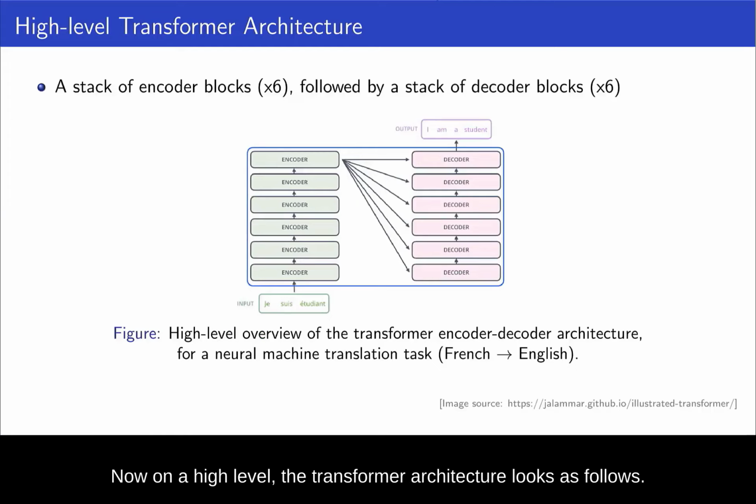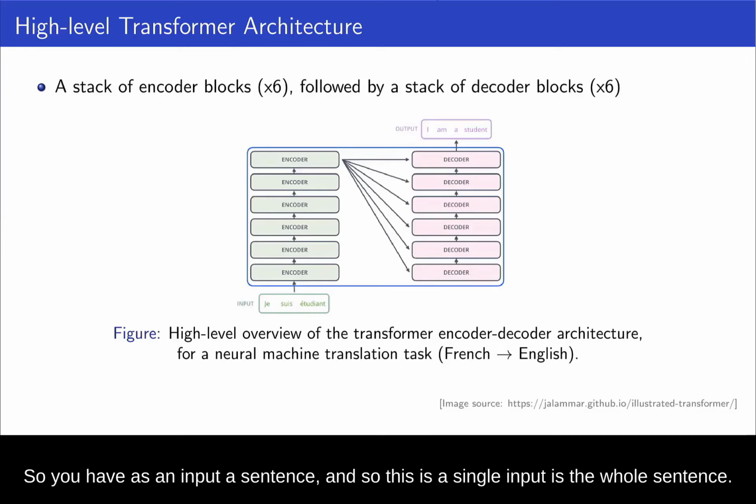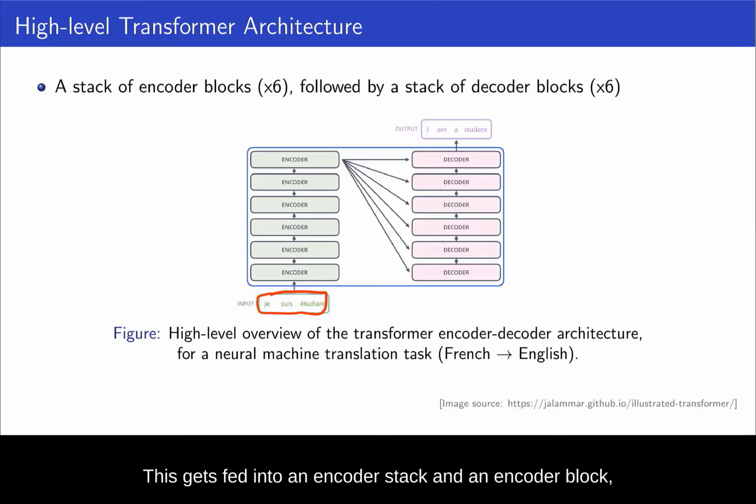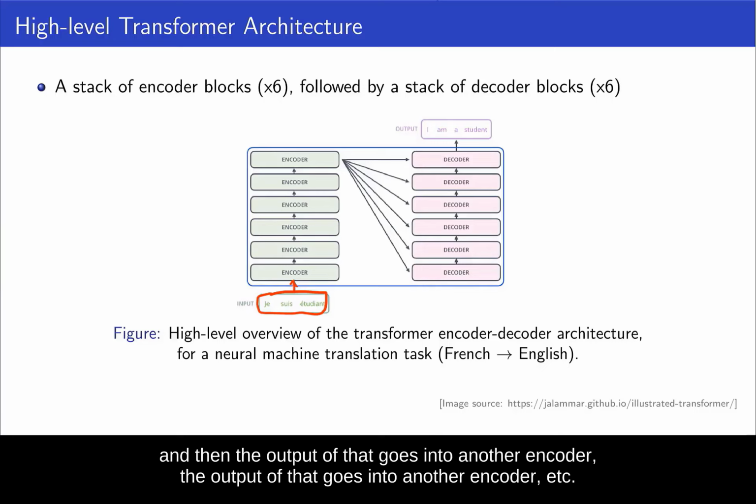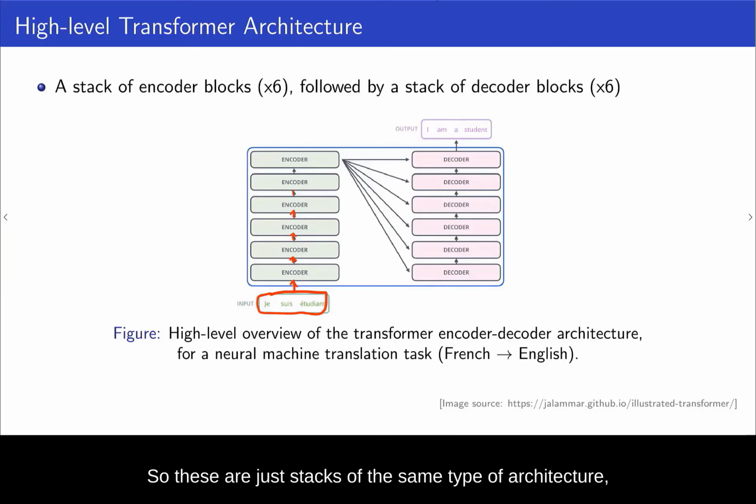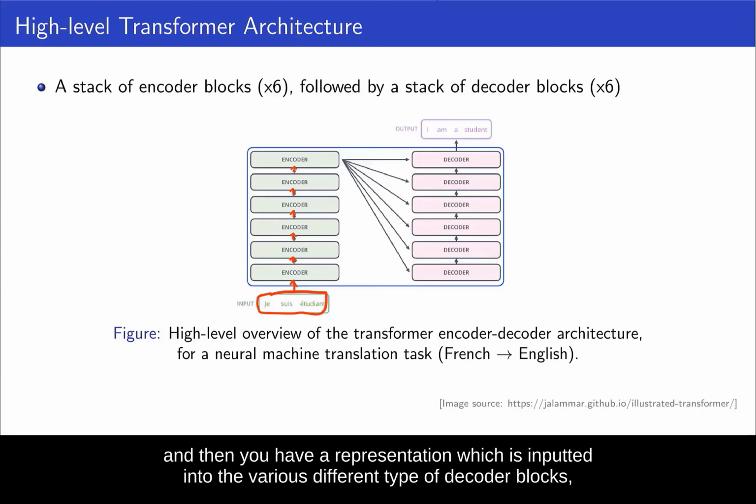Now, on a high level, the transformer architecture looks as follows. You have as an input a sentence, and this single input is the whole sentence. This gets fed into an encoder block, and then the output of that goes into another encoder, the output of that goes into another encoder, etc. So these are just stacks of the same type of architecture.